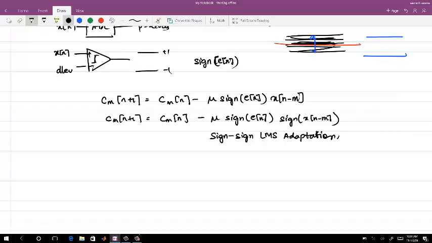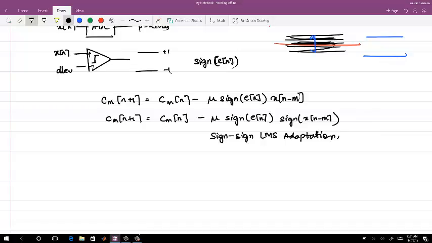This is much more commonly used LMS adaptation for the equalizer coefficients because it's the most simple one. The problem with doing this is that if you are using the same mu, the update value at every time instant, now you will be making bigger jumps.